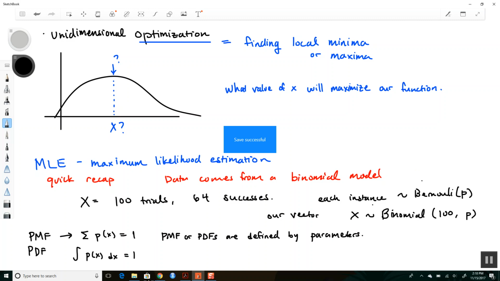Okay, so when we have Bernoulli P or binomial 100 and P, generally you'd have some kind of parameter there. This defines your probability mass function.